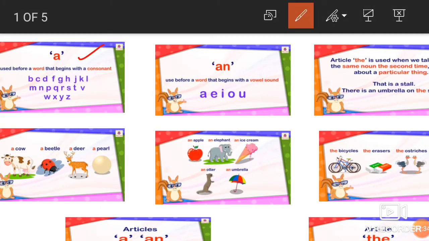Now here we are talking about a. Do you know what a consonant is? What are consonants? A to Z alphabetical letters, you know. From those letters, if you remove A, E, I, O, U, all other letters are consonants. So a will go with the consonants.